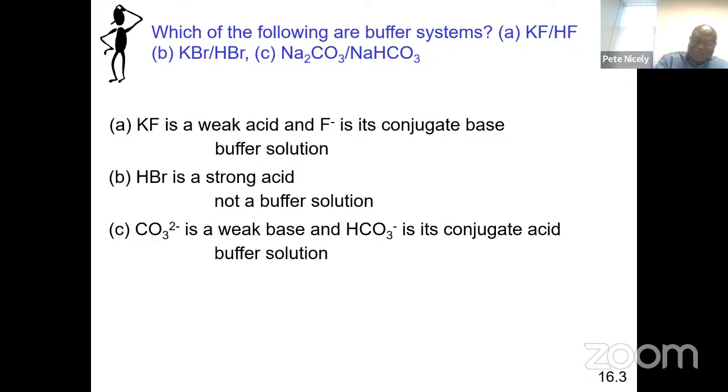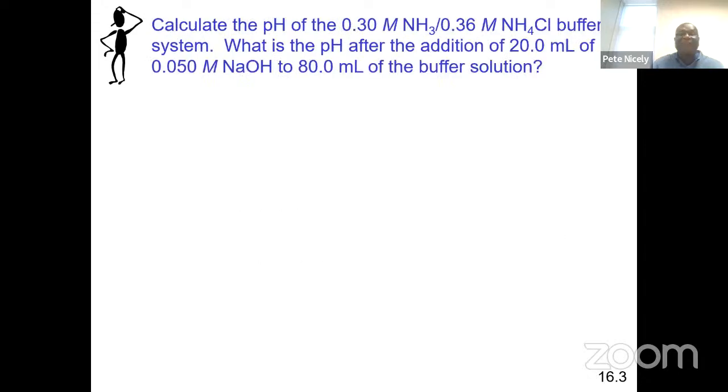The next page gives an example of a buffer solution type problem. It says, calculate the pH of a 0.30 M ammonia combined with a 0.36 M ammonium chloride buffer system. Then the question says, what is the pH after the addition of 20 mL of 0.050 M sodium hydroxide to 80 mL of the buffer solution?